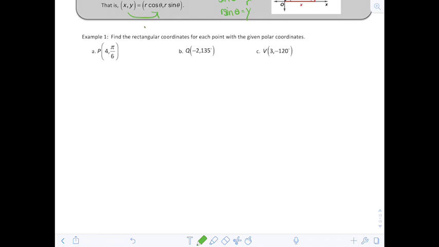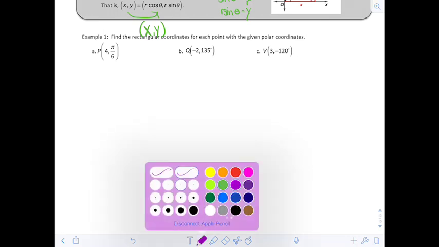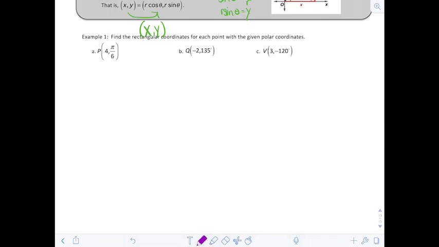Find the rectangular coordinates, so we're going after x, y, for each point with the given polar coordinates. If we first look at point P, we have 4, pi over 6. So 4 is my r value, pi over 6 is my theta value. I want x, y for my final answer. I know that x is equal to r cos theta.